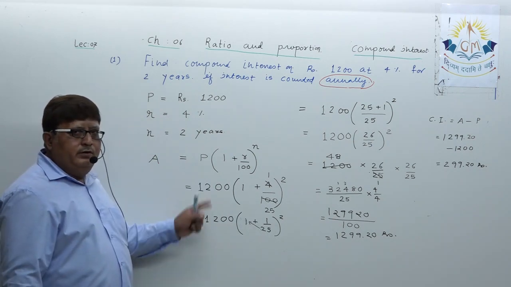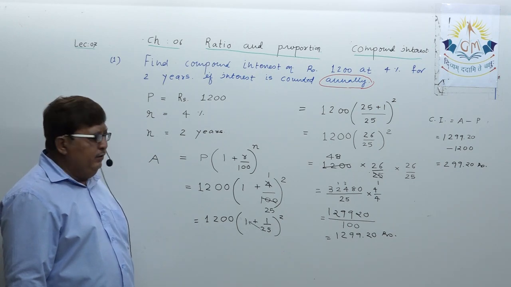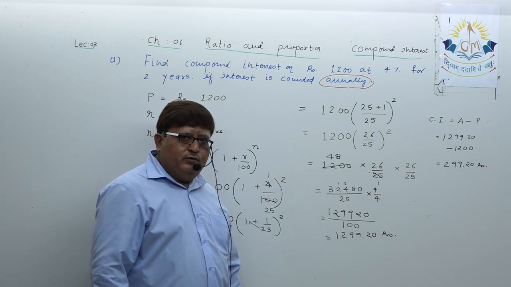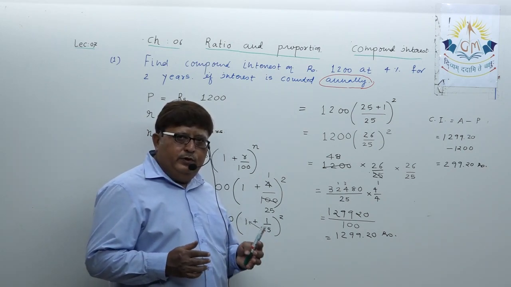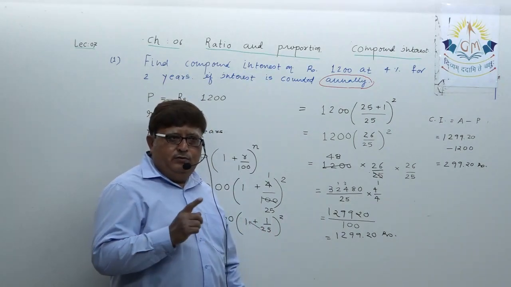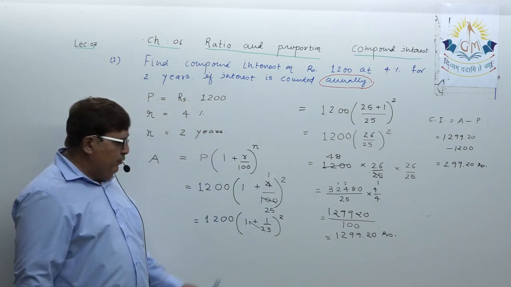If your principal is 1200, dear student, your compounded amount has to be more than that. That's a simple analysis. I have seen students last year making a comedy of the sum.